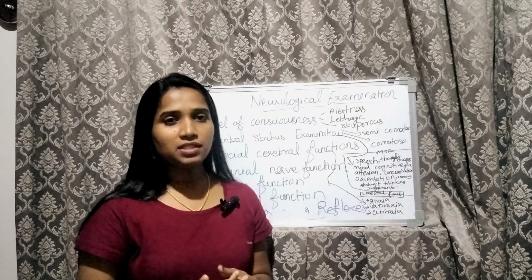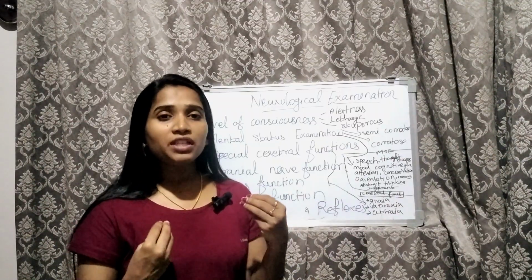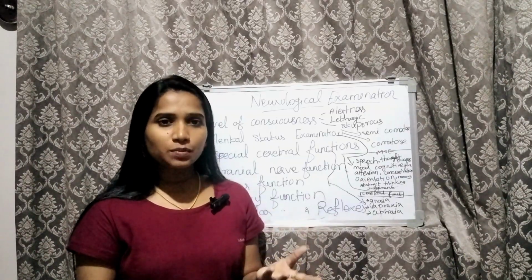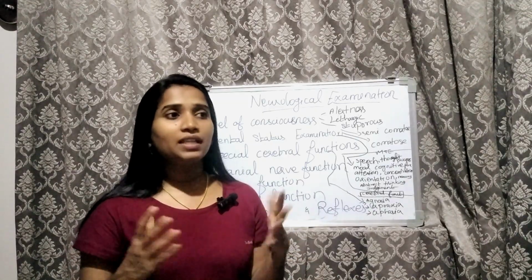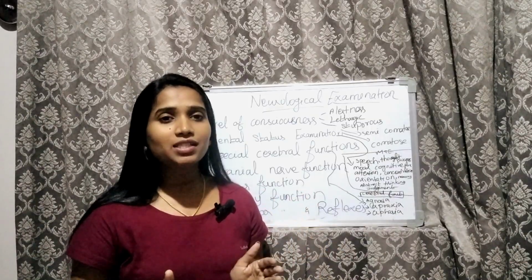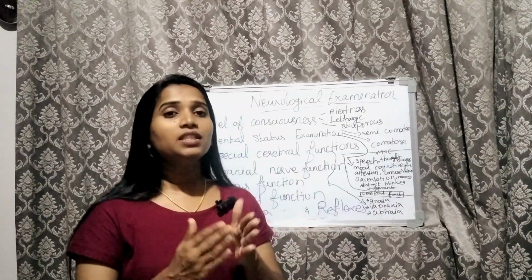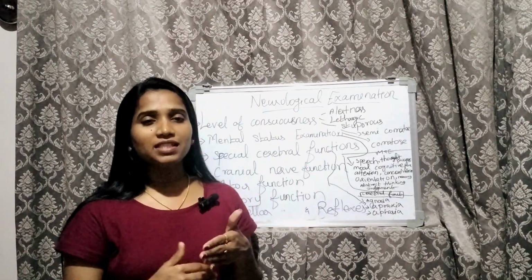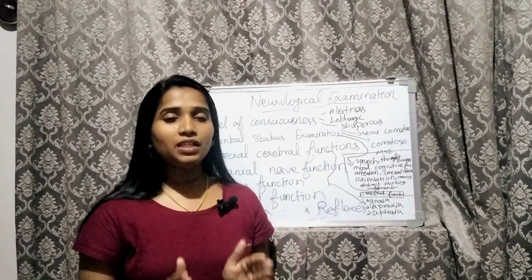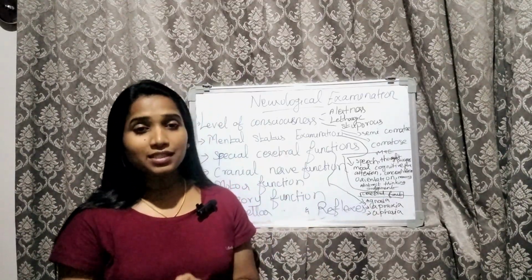If you are talking with a person, they give the answer appropriately and give a spontaneous response. Maybe the eye opening is spontaneous and the verbal response is clear, and they know about time and place, they are well oriented. Then there is no problem, because their GCS level is up to 15 and they are alert.